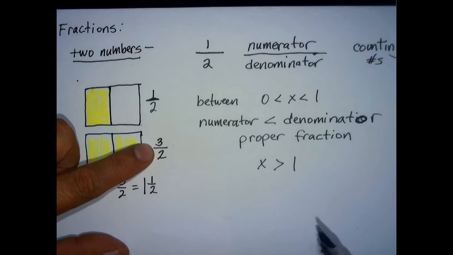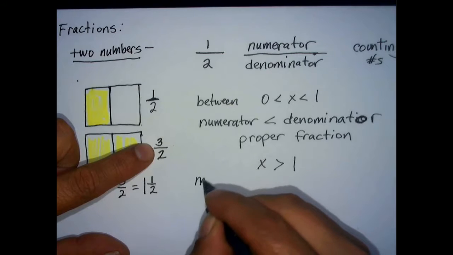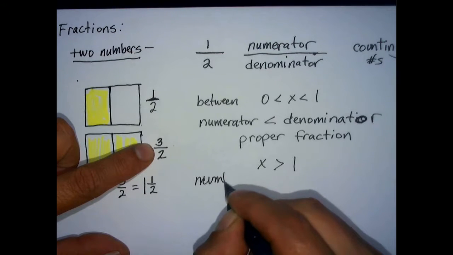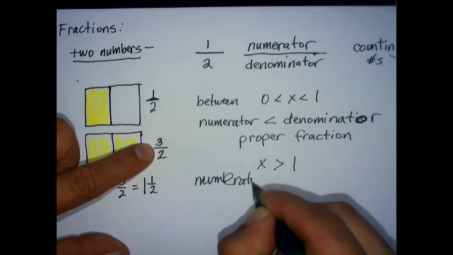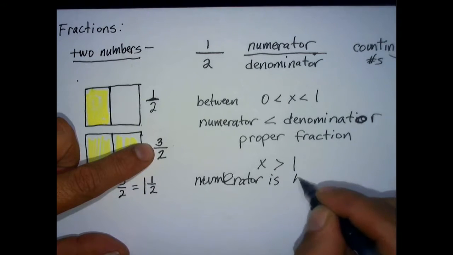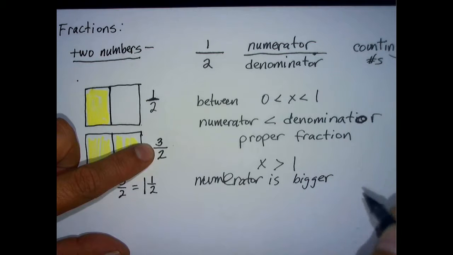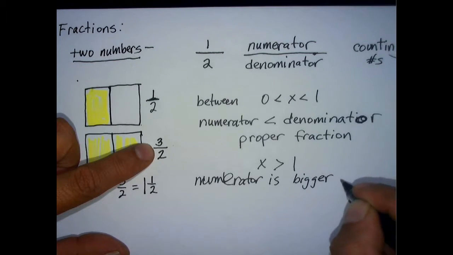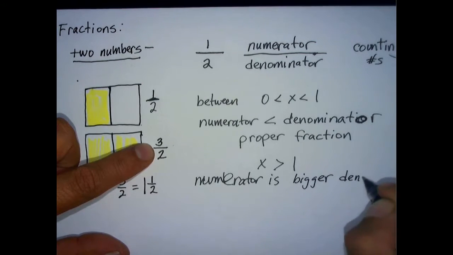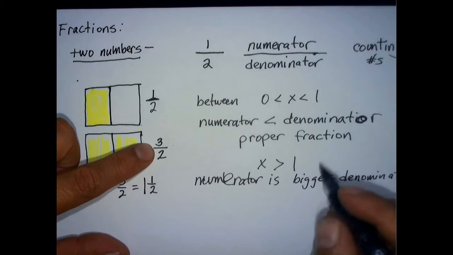One is bigger than the other. The numerator is bigger. There's only one way to compare numbers, and that's size. The numerator is bigger than the denominator, or actually, bigger than or equal to.